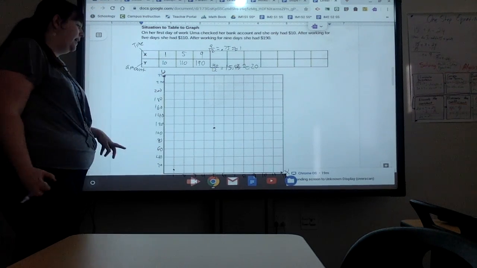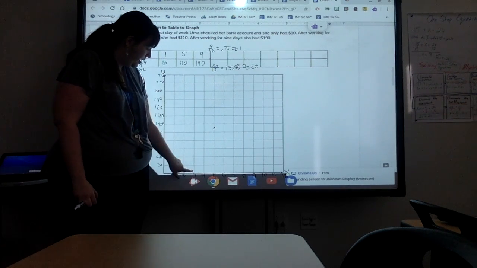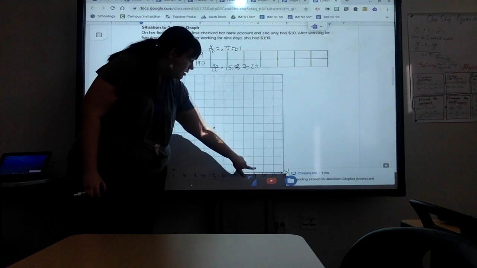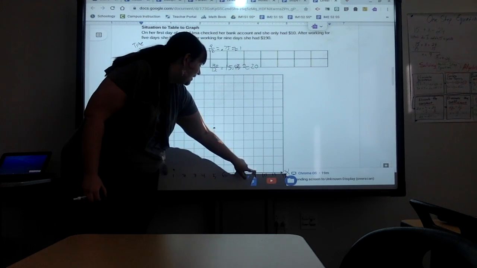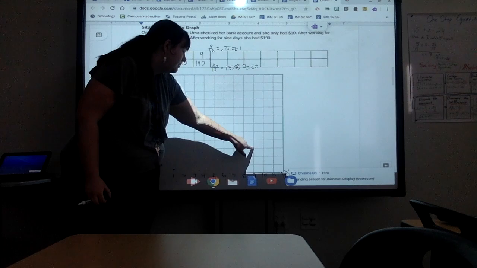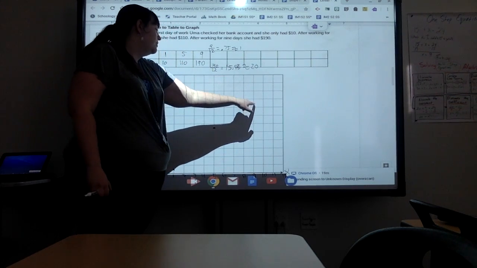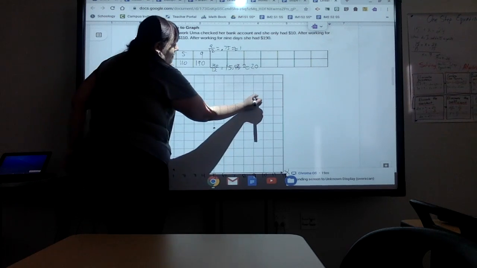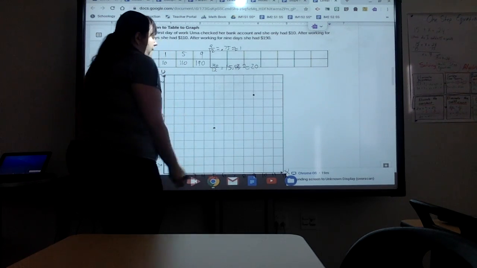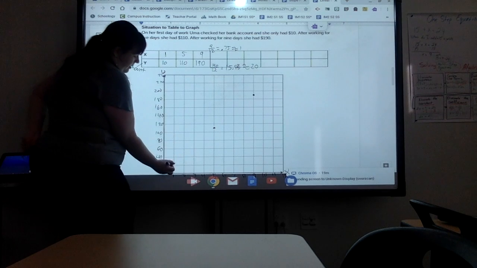And then finally, 9 tick marks to the right, and then up to 190, so 20, 40, 60, 80, 100, 120, 140, 160, 180, and about halfway to get the 190. And now that I've plotted my points, I can connect them.